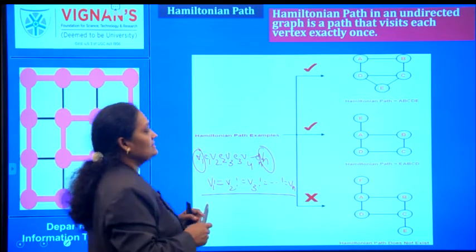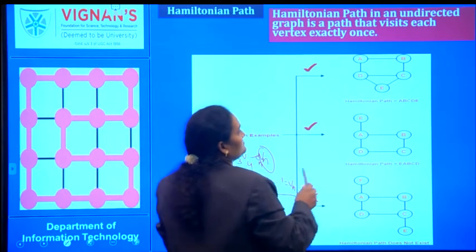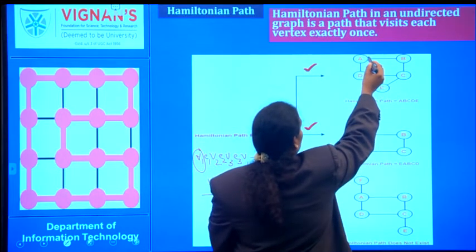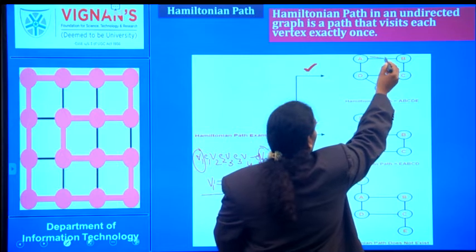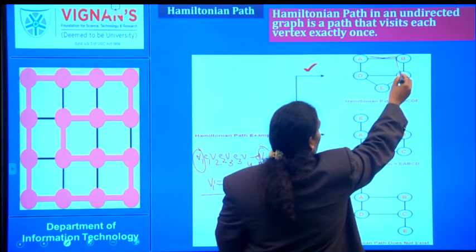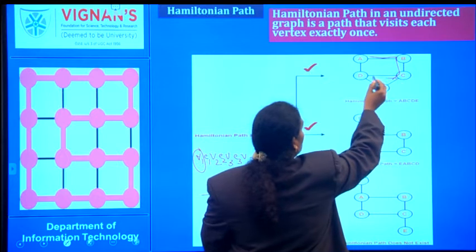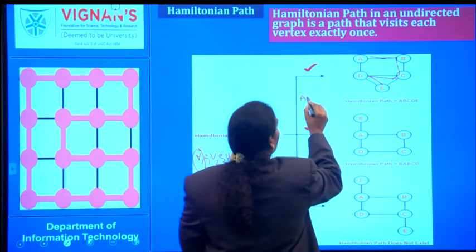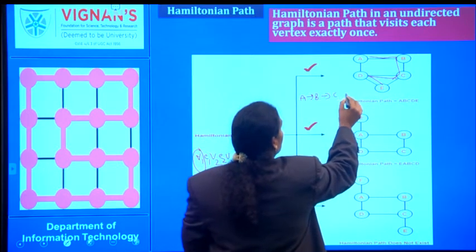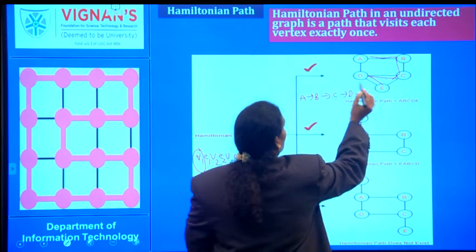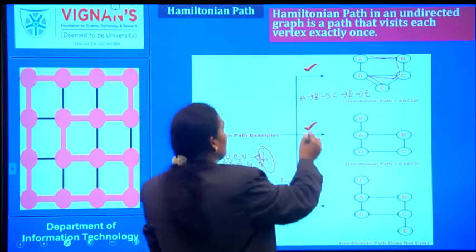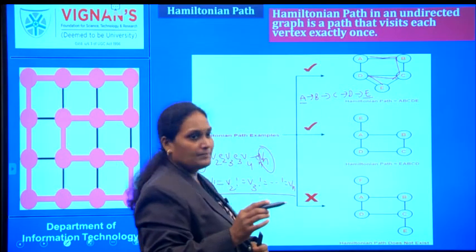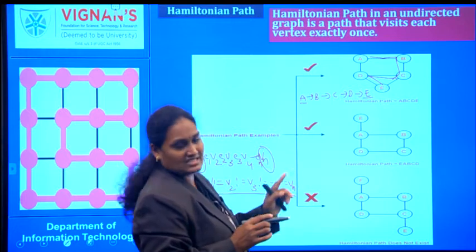Now here you can see an example of Hamiltonian paths. If you take this graph, I start visiting from the vertex A. I can move towards B, then C, then D, and then E. That is A to B, B to C, C to D, and D to E. It starts with a vertex, ends with a vertex, all the vertices are unique, and the visiting is done through the edges only.